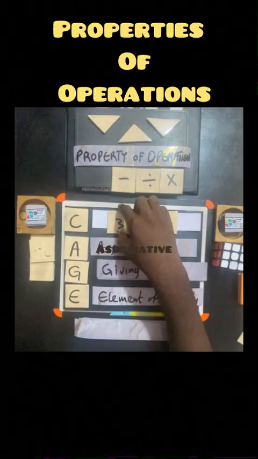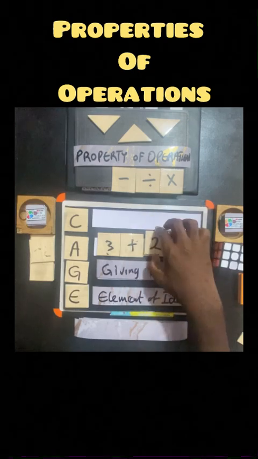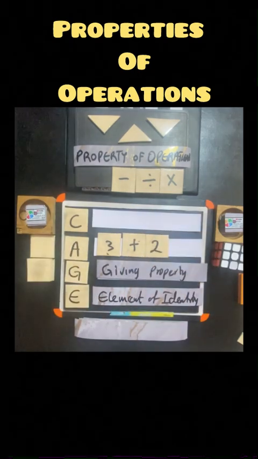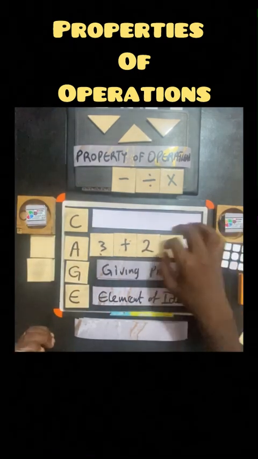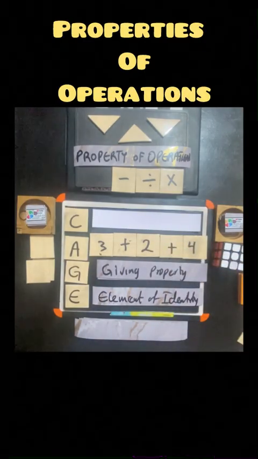But what about associative property? With associative property, we bring 3 plus 2. Let's add a third associate, say plus 4. So we're running addition through the cage.